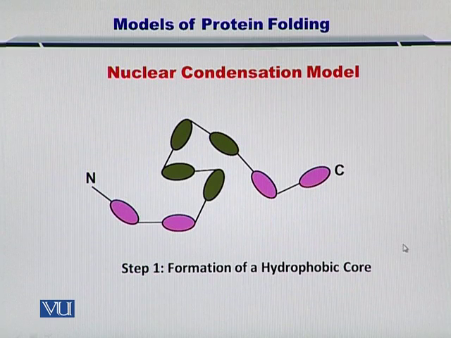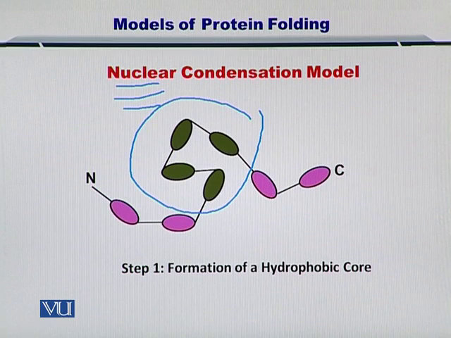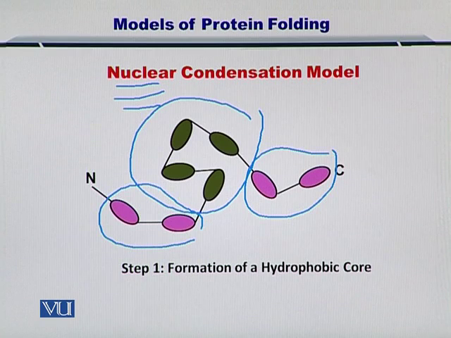Next, there is the nuclear condensation model. In the nuclear condensation model, the first step is that all the hydrophobic cores are collected and they form a nucleus. Therefore, it's called the nuclear condensation model because a nucleus gets formed first, followed by the addition of other residues.